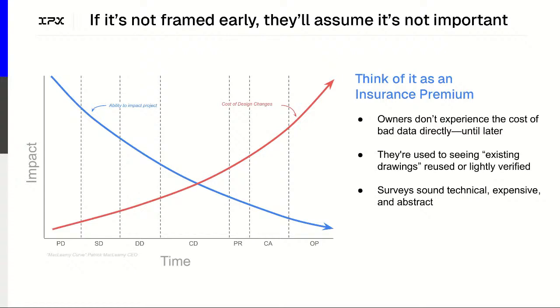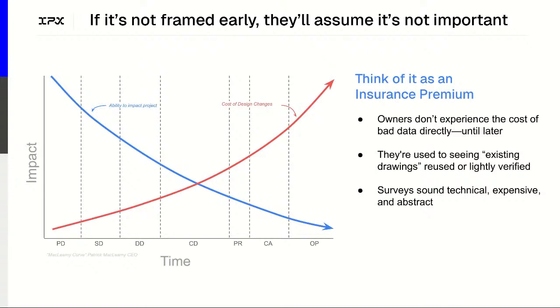And I think just to frame the entire conversation, I'm sure everybody on the call is familiar with the MacLeamy curve, right? Especially as it relates to BIM. On this curve, the y-axis is impact on the cost or budget or design, and the x-axis is time.